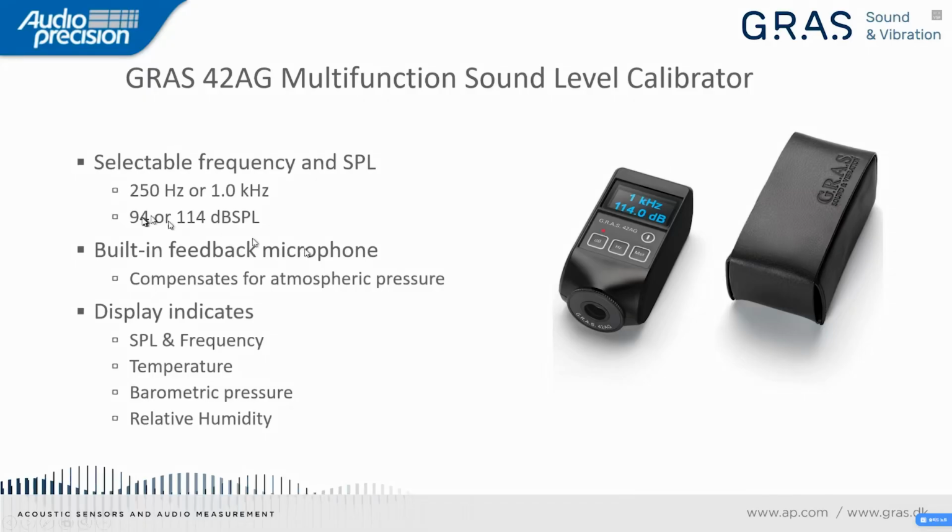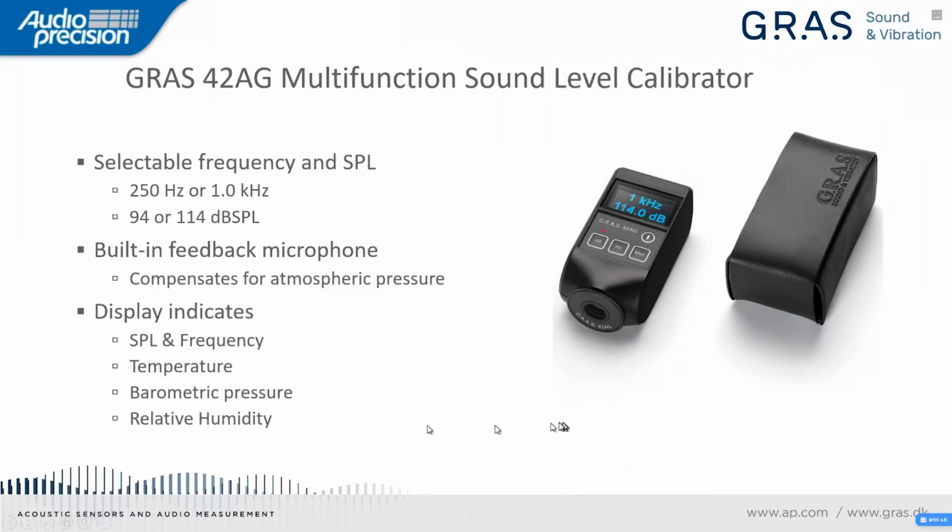It also has 2 sound levels. You can set it for either 94 or 114 dB SPL. It has a built-in feedback microphone so that it can compensate for variations in atmospheric pressure. And it has this nice digital display which can show the sound pressure level and the frequency, as well as the temperature, the barometric pressure, and the relative humidity.